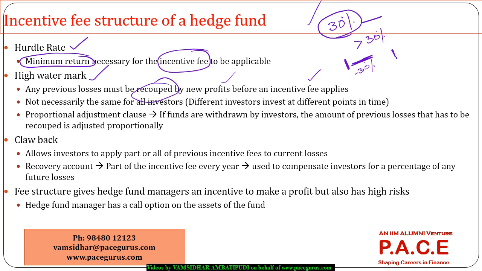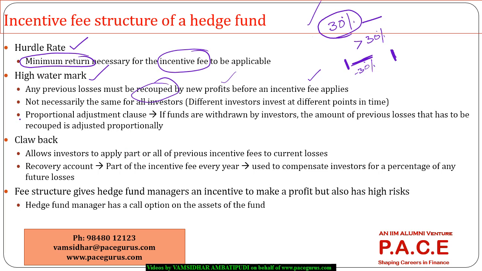Whereas you are an investor who is investing this particular year, you don't have any losses in the previous year, so you would not mind directly giving him an incentive. So this watermark need not necessarily be the same, because different investors might have got into the investment at different points in time. So this has to be calculated separately for each of the investors.